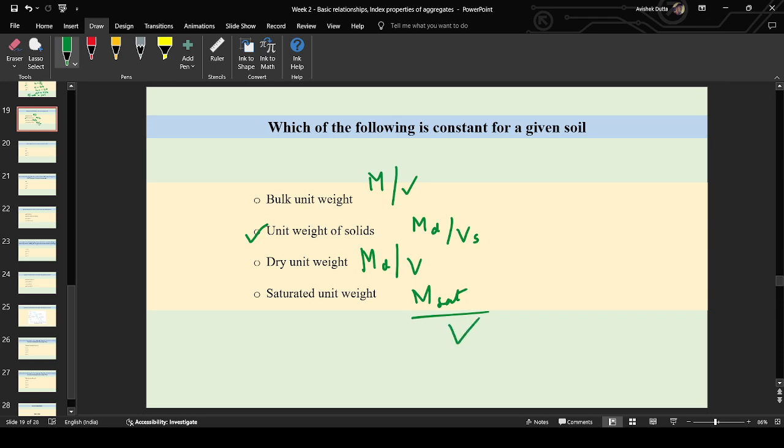You can see option 1, option 3, option 4 all have V as denominator. And V is a variable. V might increase or decrease depending upon compaction, external forces, addition of water. Only Vs is constant. For a given soil, if Vs is constant, this one is basically constant mass, and then this will be constant unit weight of soil solids.